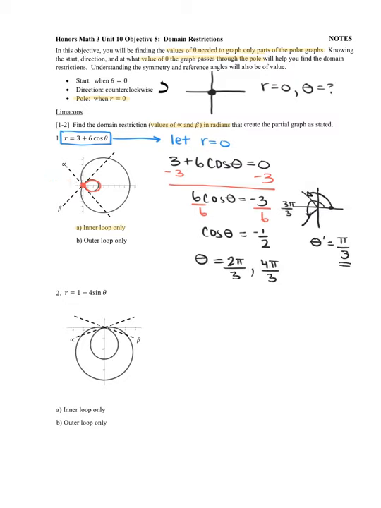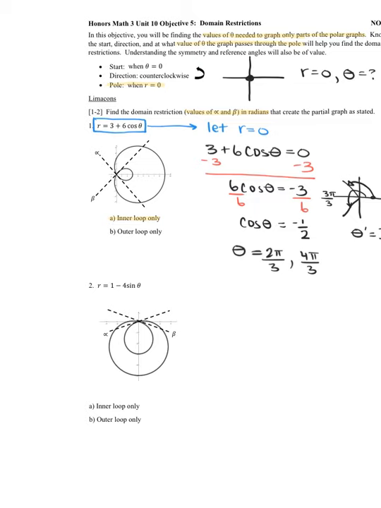So what I know then is that our alpha value here is going to be 2 pi over 3, because that's in my quadrant 2.